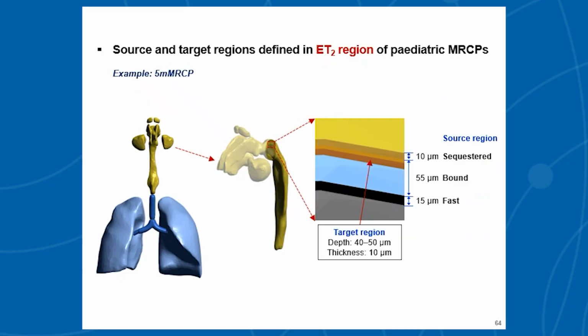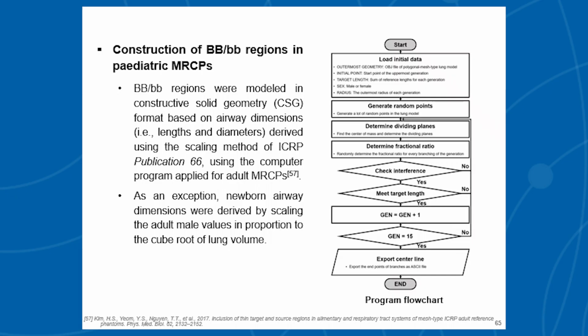In the case of the large BB and small BB regions, which represent the airway generations in the lungs, they were not defined in the voxel phantoms. So we generated them in the pediatric mesh phantoms using the same airway generation program developed for the adult phantoms.